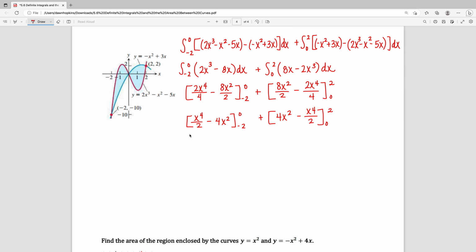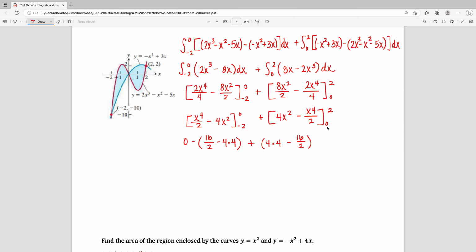So on the left, if I plug in the 0 for x, I'm just going to get 0. So it's 0 minus -2 to the 4th power is 16 over 2 minus 4 times -2 squared, which was another 4. In the right-hand side, I'm going to start with the 2. 4 times 2 squared is 4 times 4. 2 to the 4th is 16 over 2.